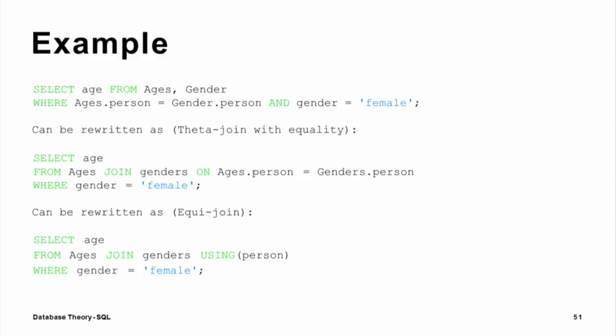But if we remove that and go for the theta join with equality, then we need to use another keyword. This is another construct. So we're going to use ages and genders as before, but we're going to use the keyword join in between. So we're going to join ages and genders.